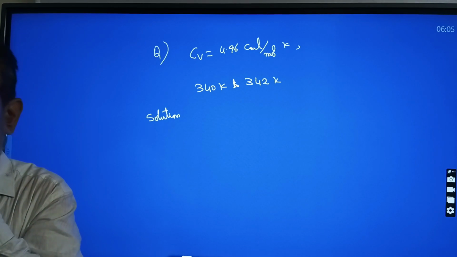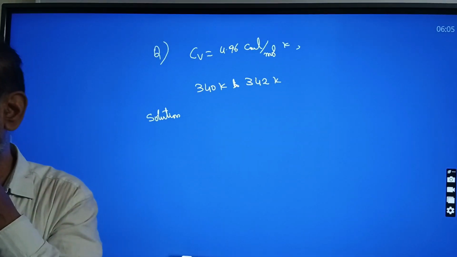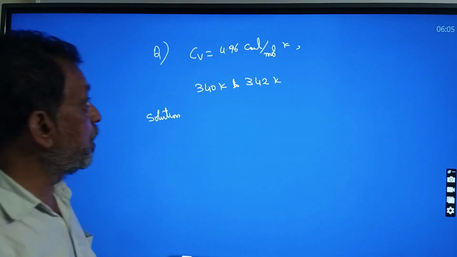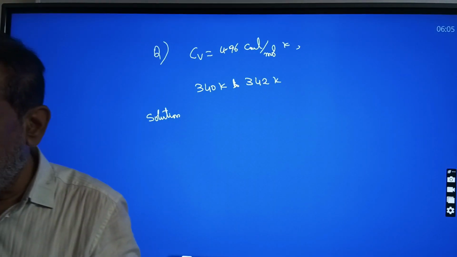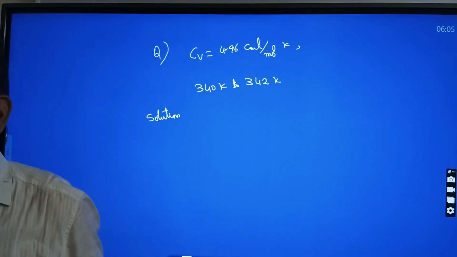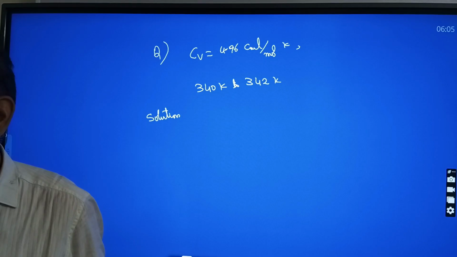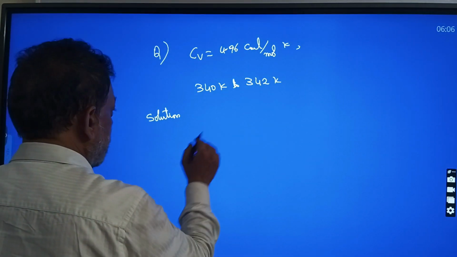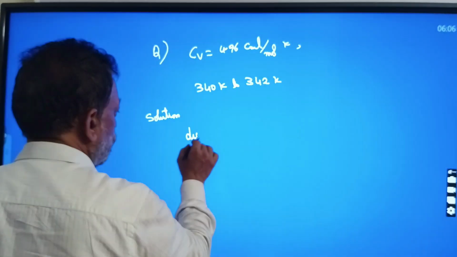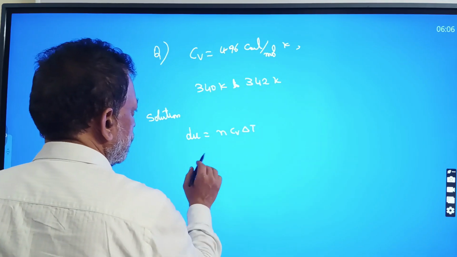That value is given, 4.96. So the increase in internal energy when the temperature of 2 moles of this gas is increased from 340 Kelvin to 342 Kelvin. What is the internal energy? dU is equal to n CV delta T.